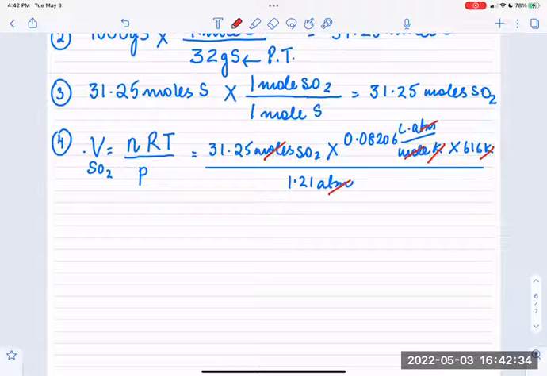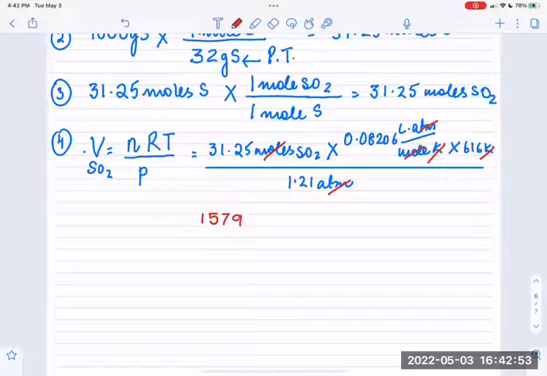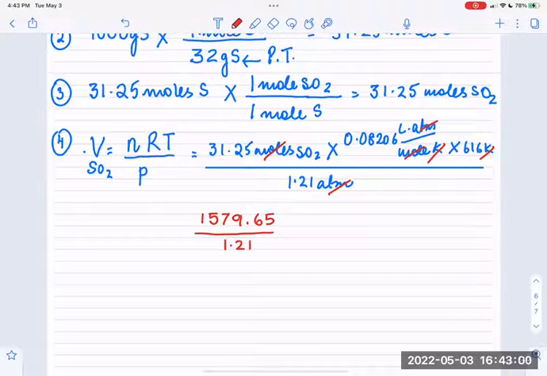So let's do 31.25 times 0.08206, right, times 616 is equal to 1579.65. 1579.65 over 1.21.